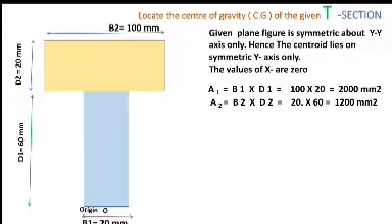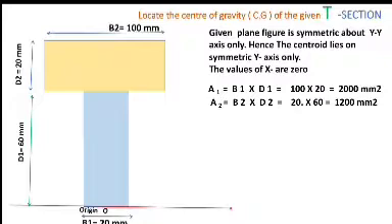So B1 equal to 20 mm, D1 equal to 60 mm for section 1, that is the web, and for the top flange B2 equal to 100 mm and D2 equal to 20 mm. Therefore, the areas are A1 equal to B1 into D1 equal to 100 by 20 equal to 2000 mm square, and A2 equal to B2 by D2 equal to 20 by 60 equal to 1200 mm square.